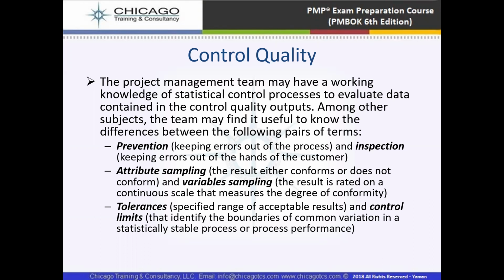And control limits, which define the boundaries of common variations in a statistically stable process or process performance. So this is how control quality is defined, along with the different terms: prevention, attribute sampling, variable sampling, tolerances, and control limits.